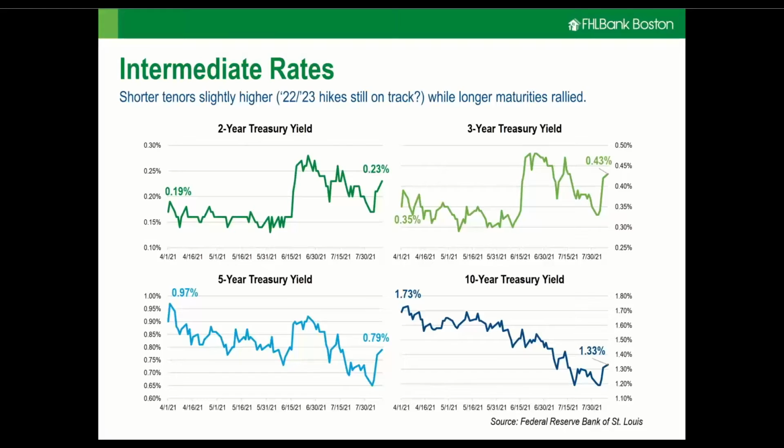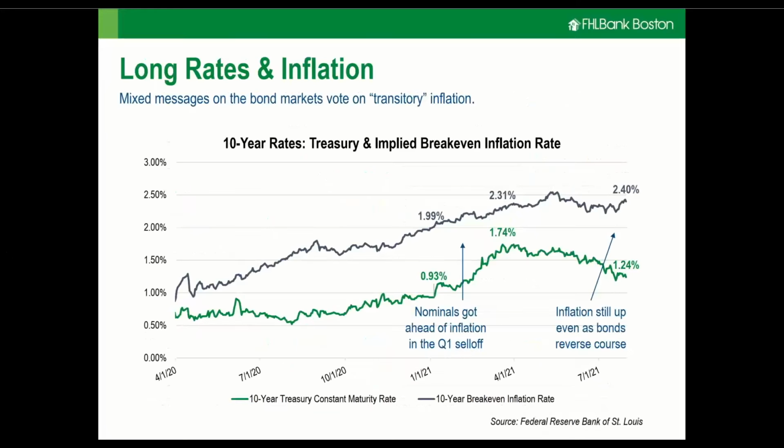And as the Fed commented more on potential rate hikes in June and the possibility of a hike coming sooner than expected with higher levels of inflation, you saw that the market priced that into the short end of the curve. So right now the market is still looking ahead to 2022 and 2023 as possibilities for rate hikes.